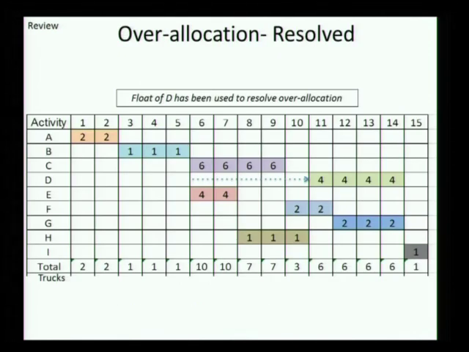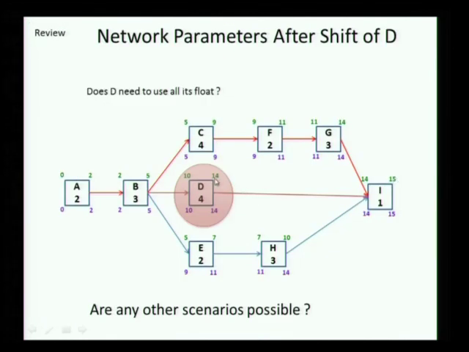Okay, the question is, is this the only solution? First question, does D need to use all its float? So right now when I brought D here, I have made it actually critical. Okay, so does D need to use all its float? No. What are my options with just D?